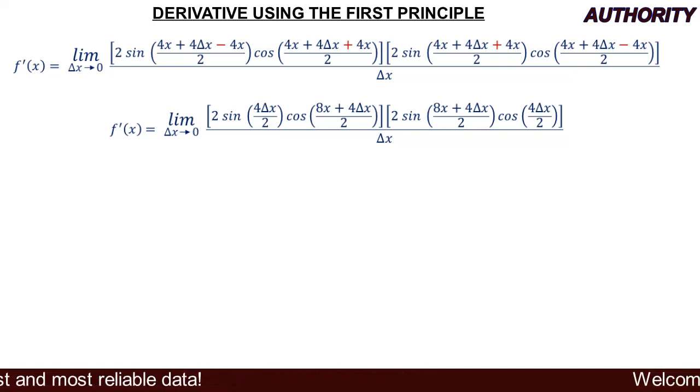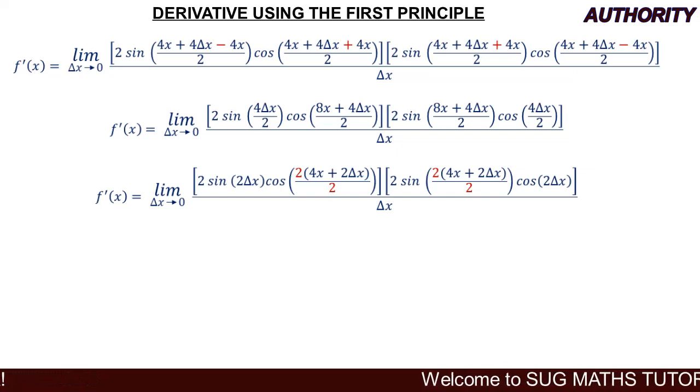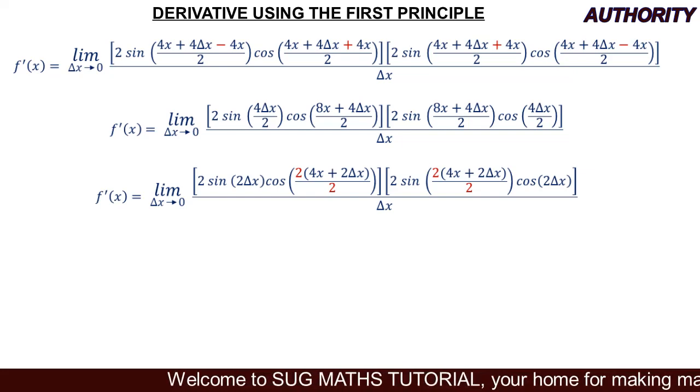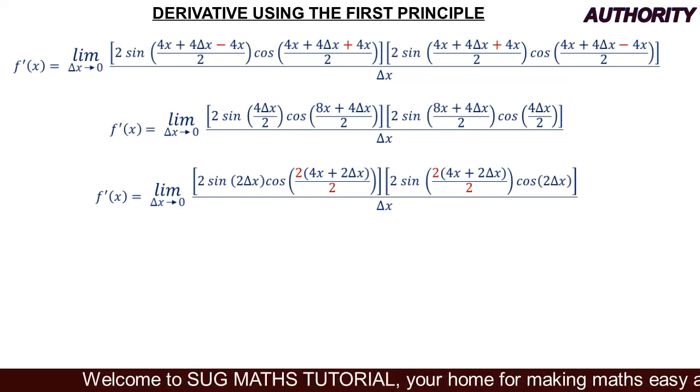When we factor out 2, we're going to have 2 open bracket 4x plus 2 change in x all over 2. Then the next bracket, factor out 2 again. We have 2 open bracket 4x plus 2 change in x all over 2. Isn't it? And then in this case, where we have 4 change in x all over 2, 4 divided by 2 is 2. Okay? Yes. So therefore, look at what we have.